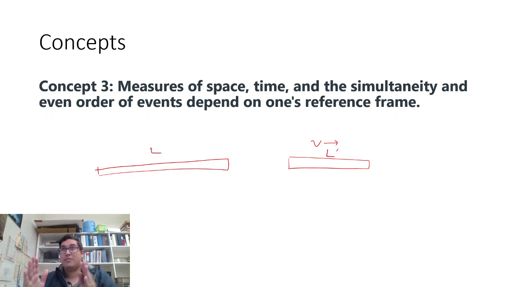Because as it speeds fast, you try and measure it, it's going to appear shortened in length. And it's only going to be in the direction of motion that's contracting. So the width should not change, right? Because it's moving in the x direction, the y dimension will not contract, only the x.